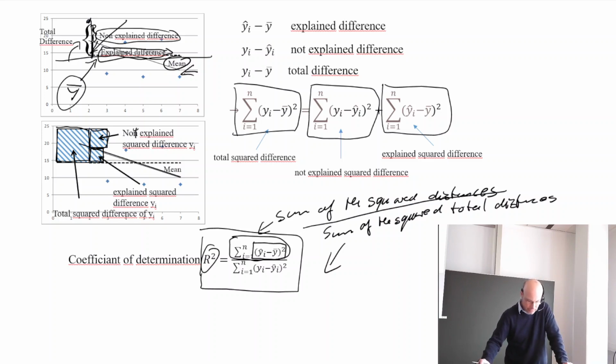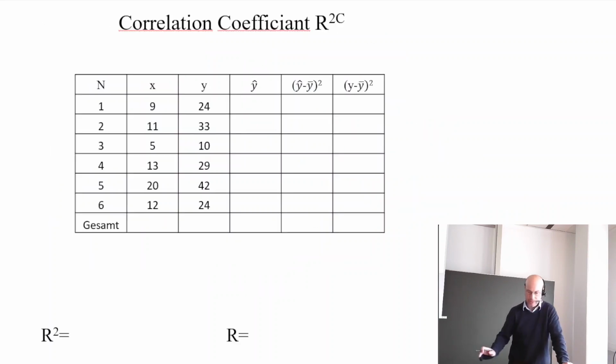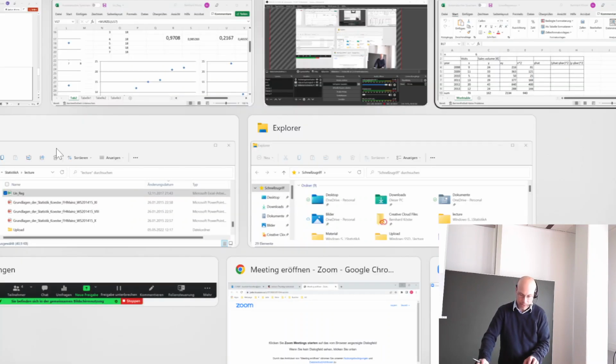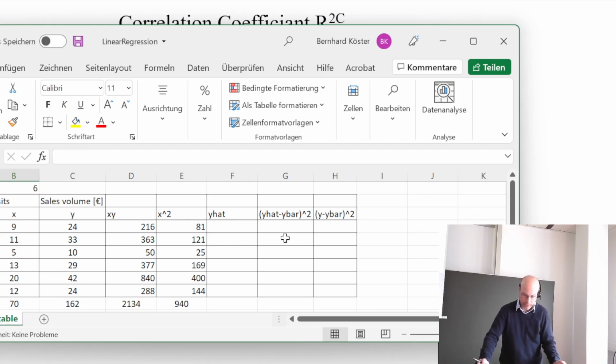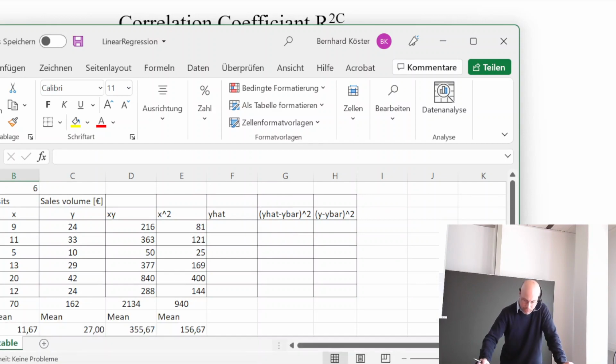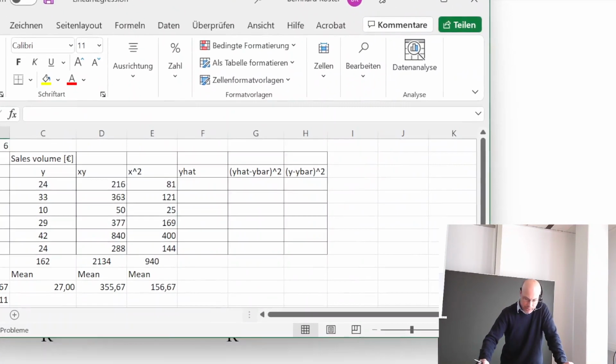So after all this theoretical introduction, of course, we want to do this in an example, and we take our example which we have already used for our linear regression. So in order to do this, we just go again into our data sheet.